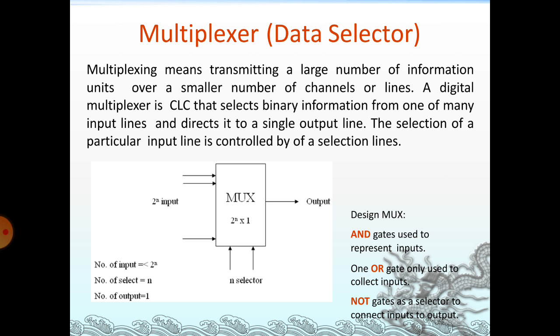A digital multiplexer is a CLC that selects binary information from one of many input lines and directs it to a single output line. The selection of a particular input line is controlled by selection lines.